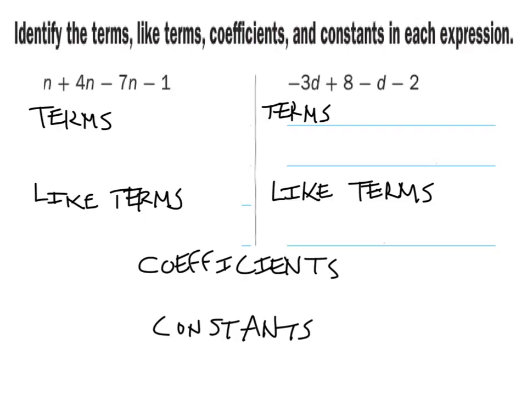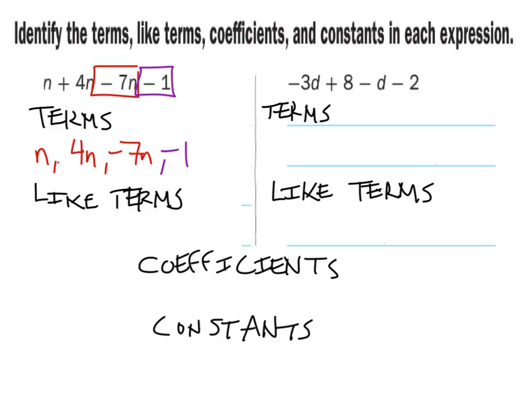Here we have the term n. Remember, they're separated by addition and subtraction, right? Then we've got 4n. Now this next term, notice, it has a minus in front of it. That means we consider it a negative 7n. So in the terms, even this one that's going to be considered a negative 1, the terms will always take the operation to its left, meaning addition or subtraction.